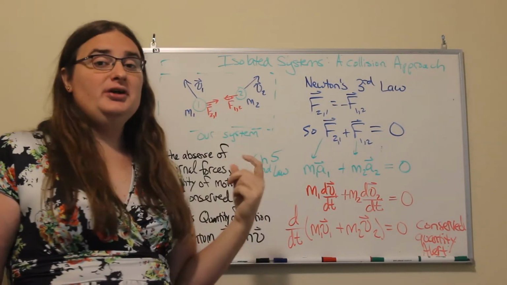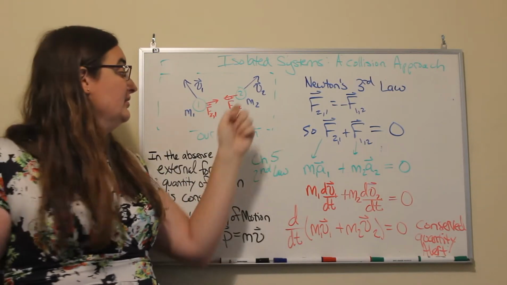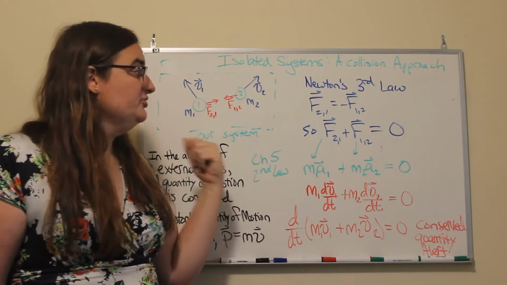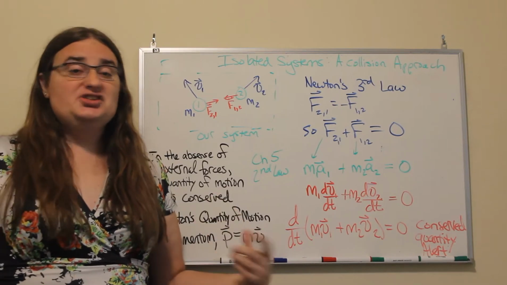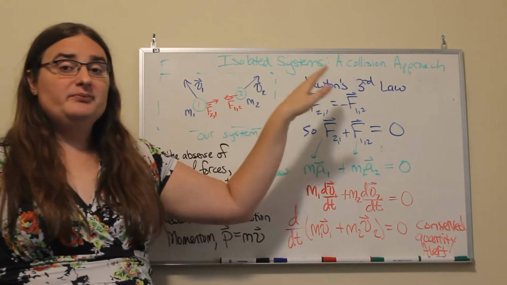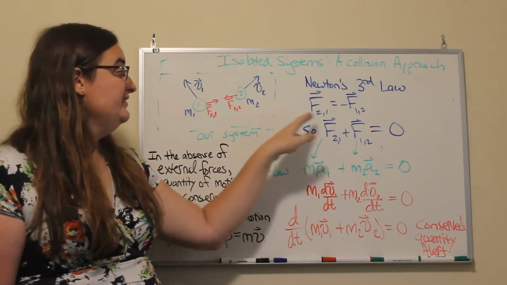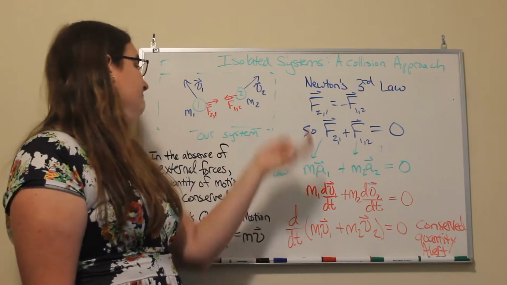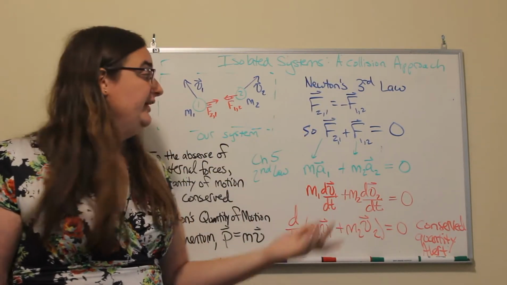Now Object 1 would say it's a force of 2 acting on Object 1. Object 2 says it's a force of Object 1 acting on Object 2, but from Newton's third law, really that's just saying that those are the same force viewed from two different perspectives. So the size is the same, the direction's opposite, right?